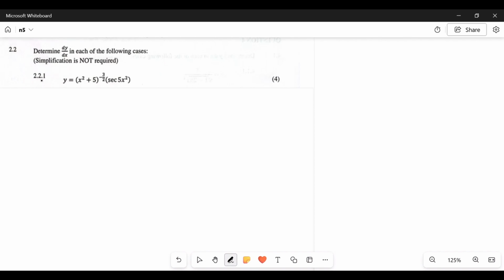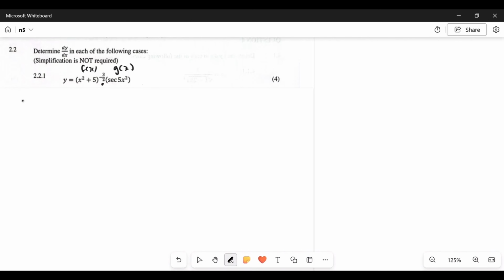Right, so for 2.2.1, we have the following expression. They want us to differentiate this. Before we differentiate, you must be able to identify what type of rule this is. When I look at this, guys, I see that this is actually a product rule. We have this one as f(x), and that is g(x).